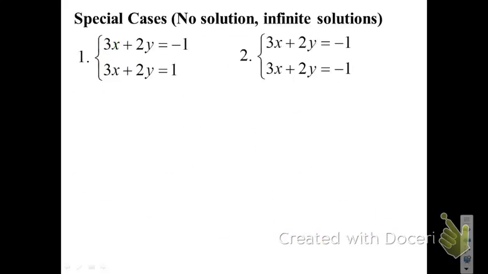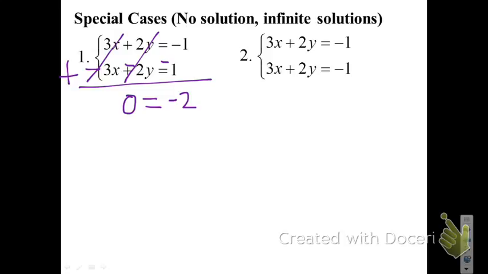Okay, we have a couple special cases here. I'm going to look at these x's. Because they are the same coefficient, I want them to be opposite, so to make them opposite I change all the signs in the bottom row, and then I can add. When I have changed those, these subtract, and I get 0 over here, and then I get a negative 1 minus 1, which is a negative 2.